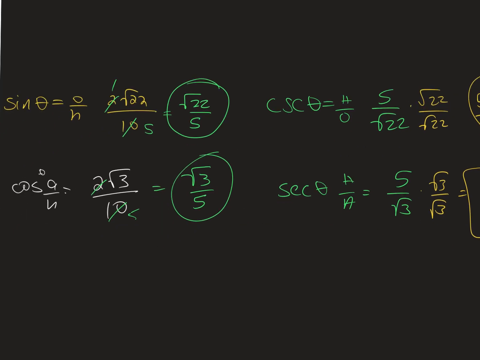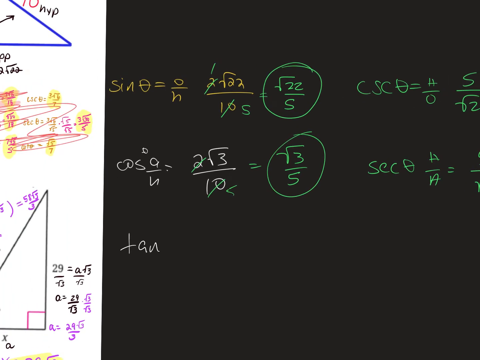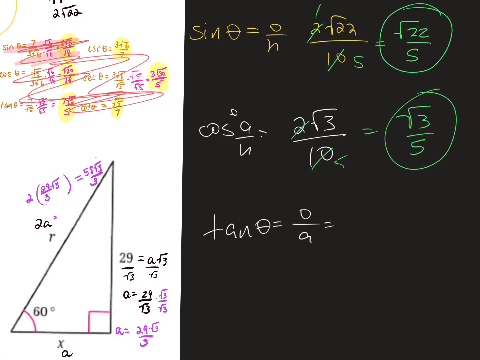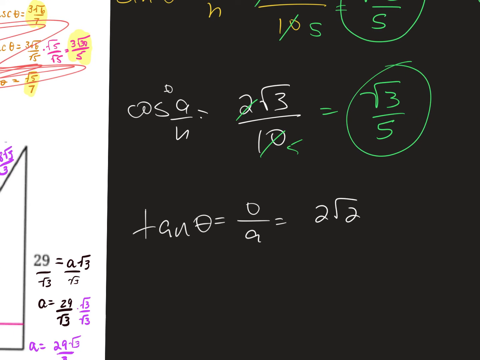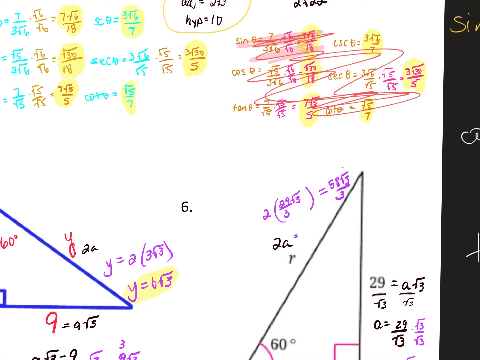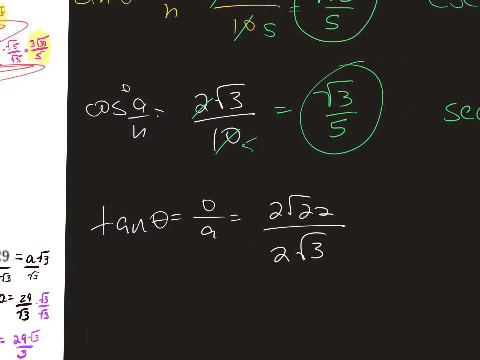All right, then I'm going to take my tangent. What is tangent? Opposite over adjacent. Okay, my opposite side is 2 root 22. And my adjacent side is 2 root 3. Okay. So, right off the bat, what can I do?